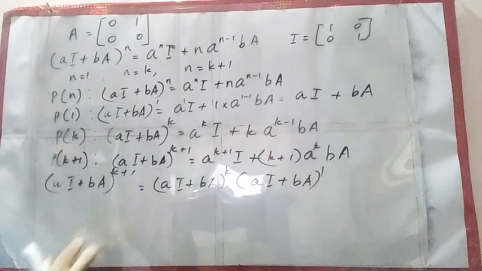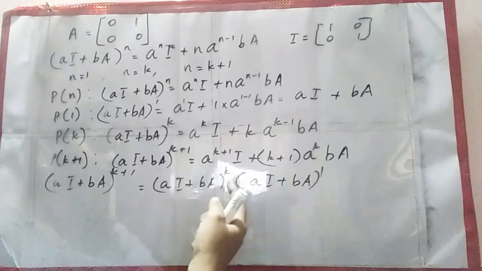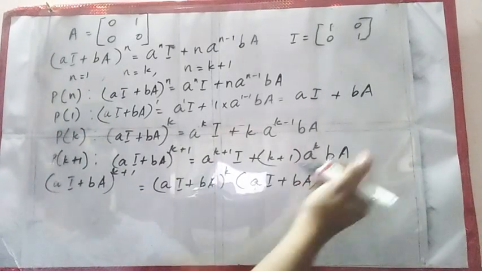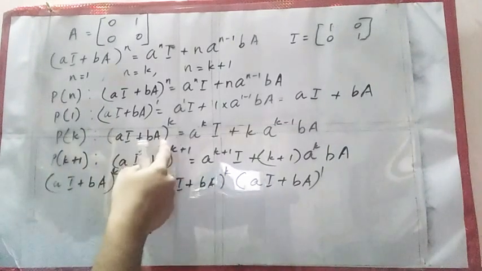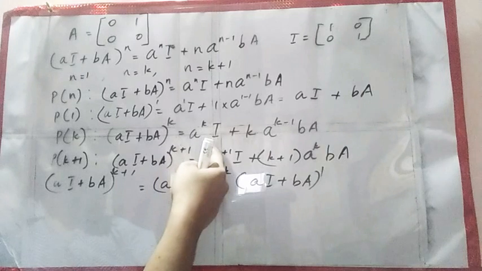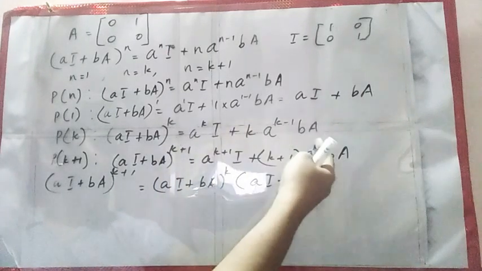Here we can split it like this, and we know that (aI + bA)^k is the statement Pk. So we can substitute (aI + bA)^k as a^k I + k a^(k-1) bA.